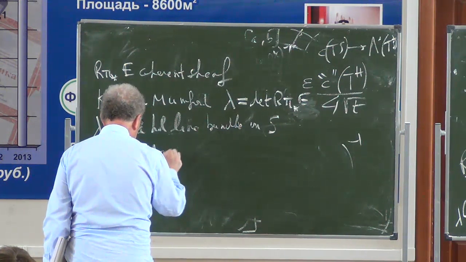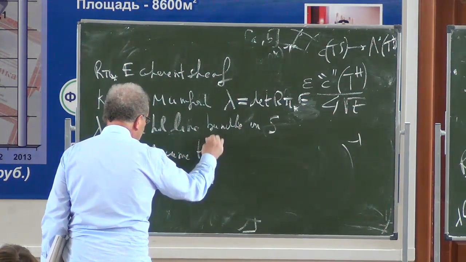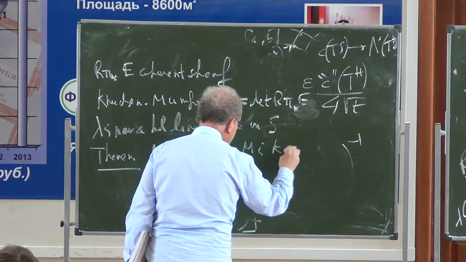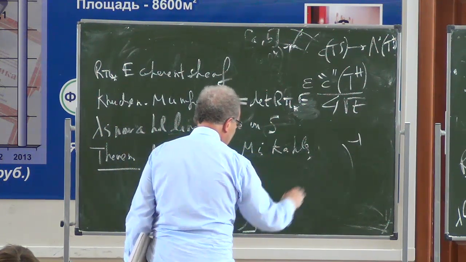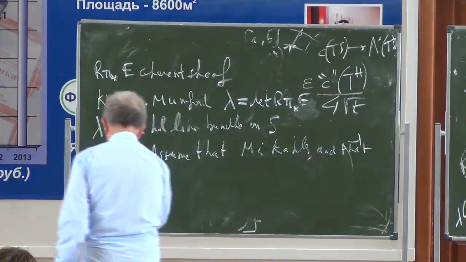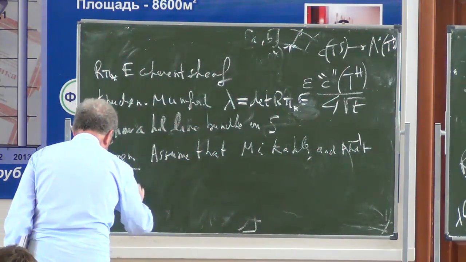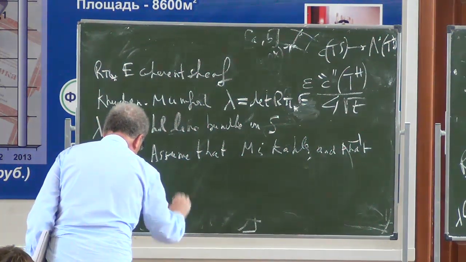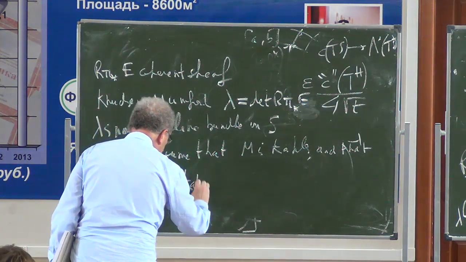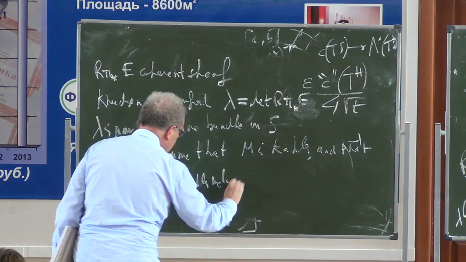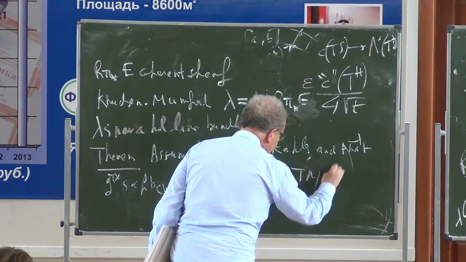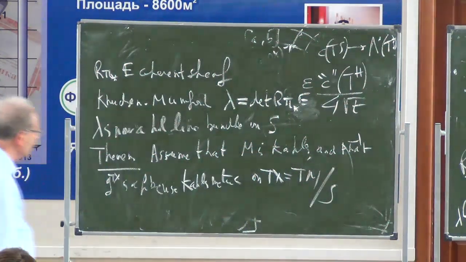So assume that ω^M is Kähler and that g^TX is a fiberwise Kähler metric on the relative tangent bundle TX = T_{M/S}. So now we're dealing with holomorphic tangent bundles.